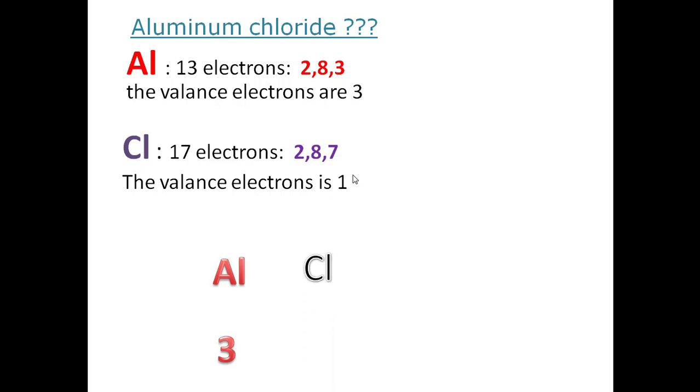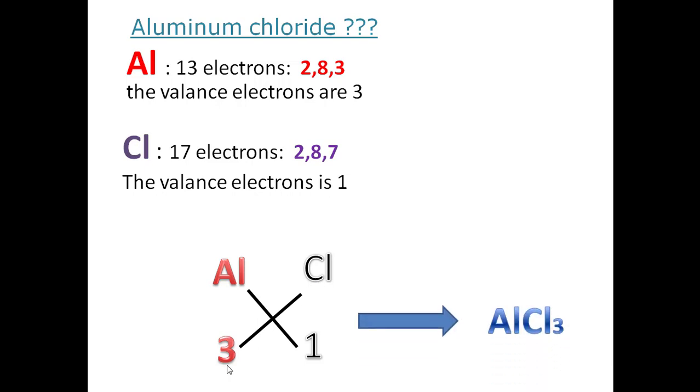Same for the chlorine atom, and we draw the valence electron below. And then we make a cross multiplication. The cross multiplication indicates you just have 1 aluminum atom and 3 chlorine atoms. So the formula of aluminum chloride becomes AlCl3.